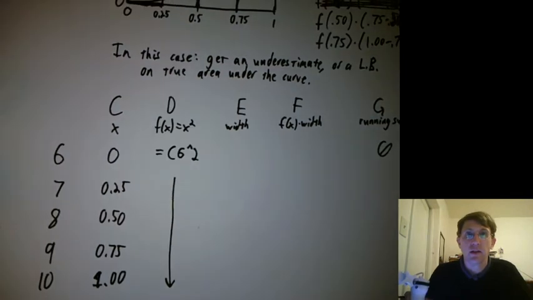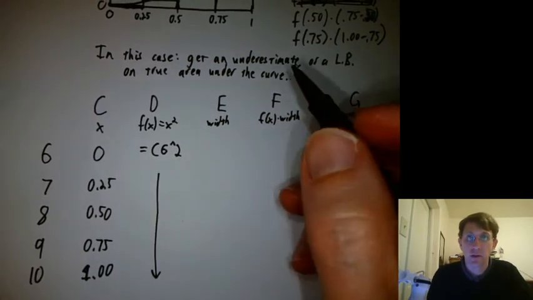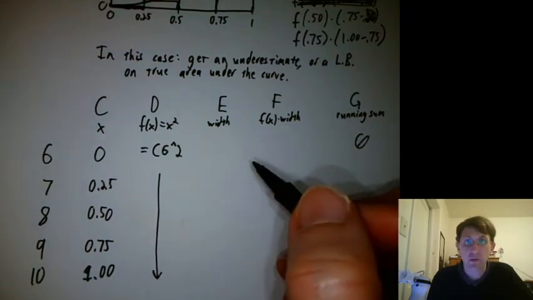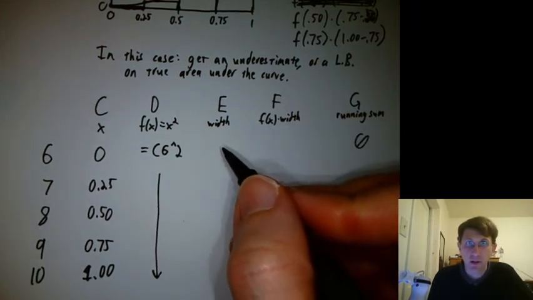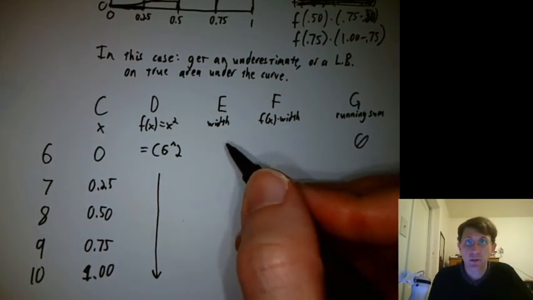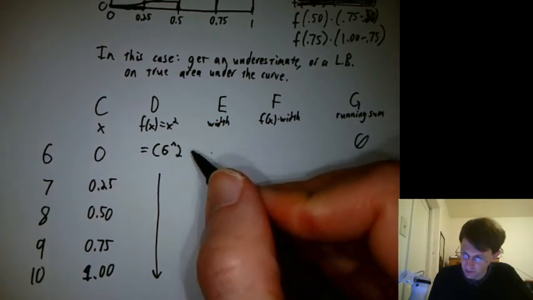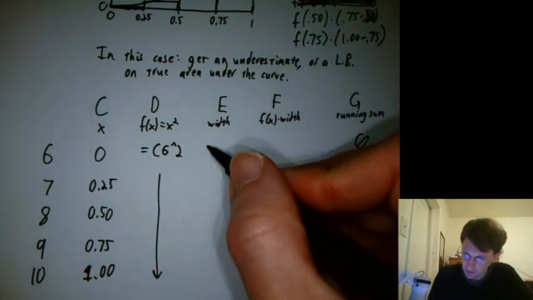All right, and then what can we do with our spreadsheet form? Got the same basic setup as before, but now instead of having a blank here for the width, I'd say the width is 0.25, which would be C7 minus C6.